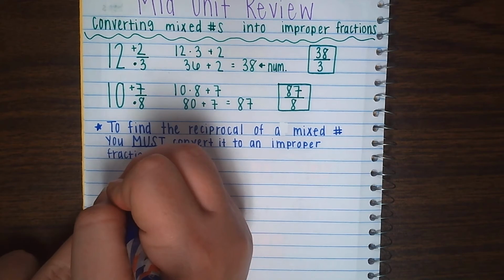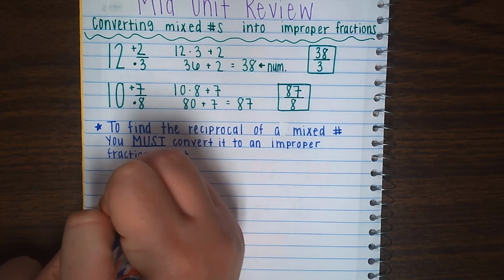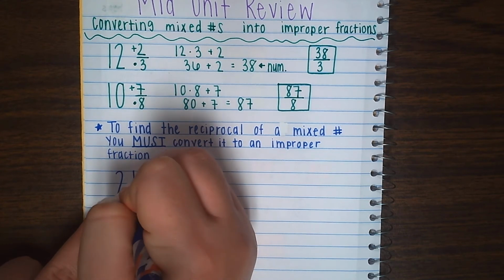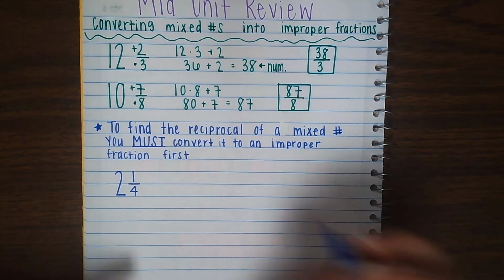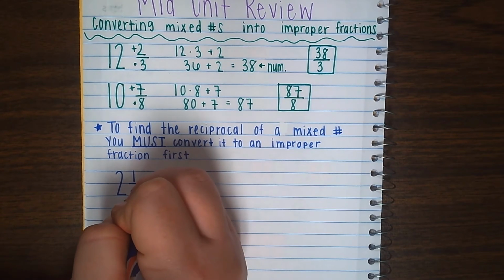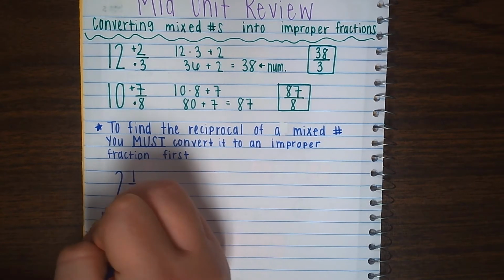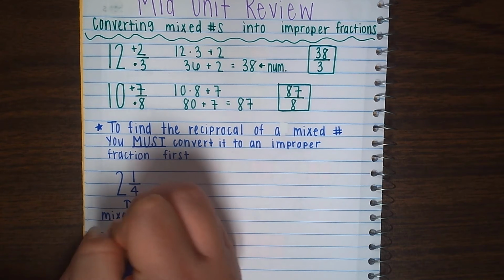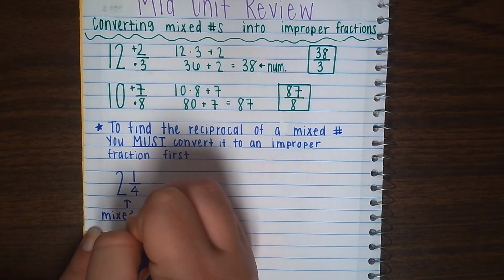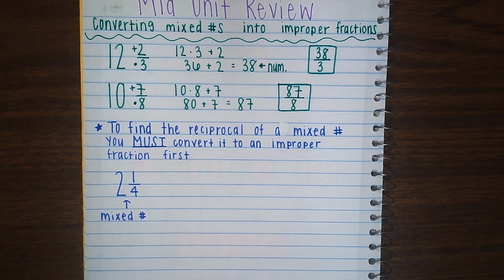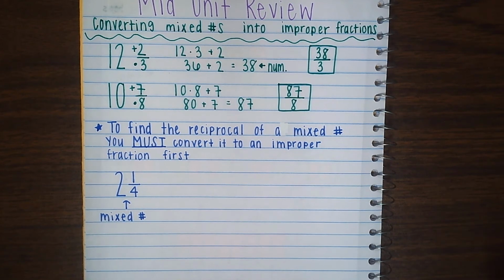So our example, we have 2 1/4. This is a mixed number. It means it has a mixture of a whole number and a fraction. So if I want to find the reciprocal, I first have to convert it to an improper fraction.